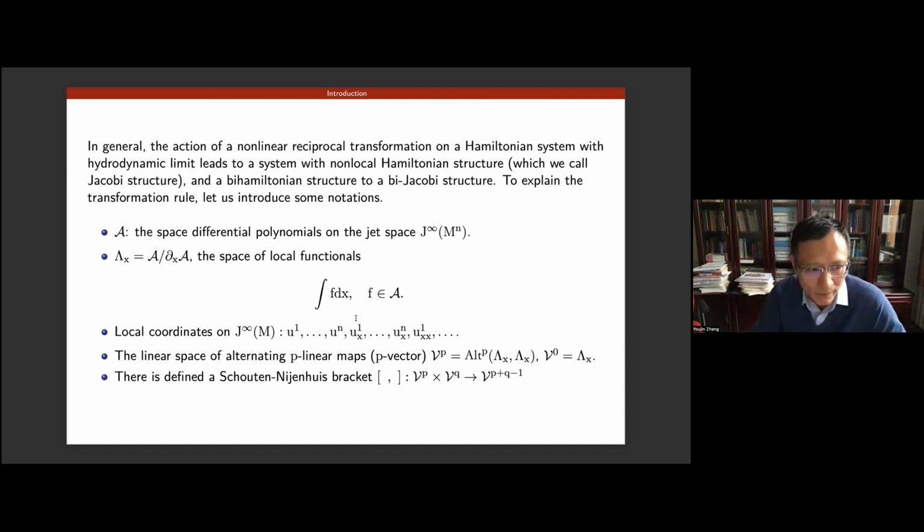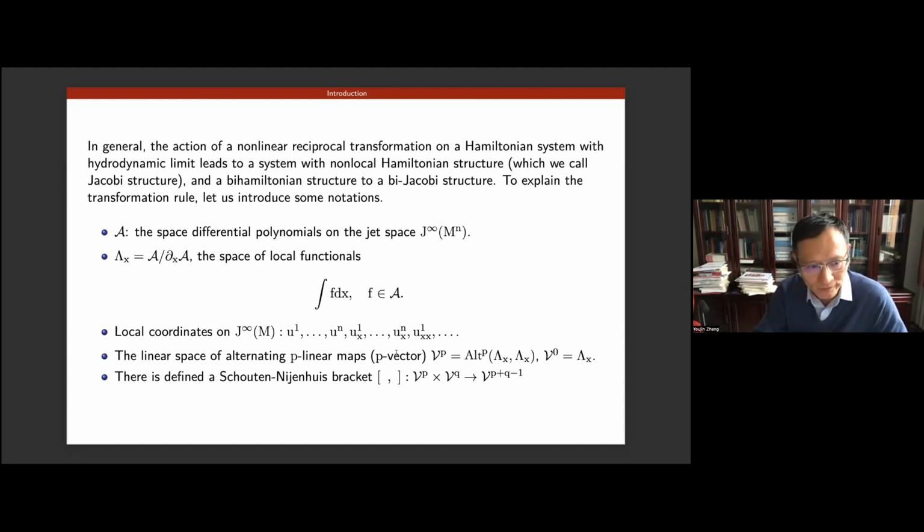And then for the local coordinates on this infinite jet space, we can use u1 to un, the local coordinates of the base manifold M, and we have the jet coordinates. So you can view this u1 to un as a map from the unit circle to M, and we have the x derivatives of u1 to un.